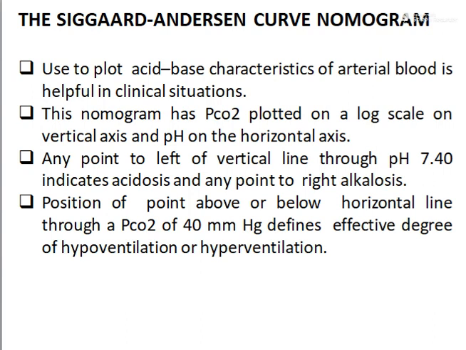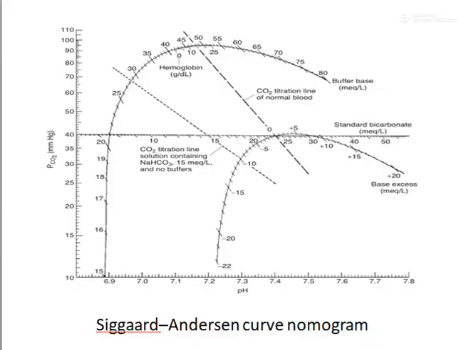Any point to the left of the vertical line through pH 7.4 indicates acidosis and any point to the right indicates alkalosis. The position of a point above or below the horizontal line through PCO2 40 mmHg defines the effective degree of hypoventilation or hyperventilation. This is the Siggaard-Andersen curve nomogram.